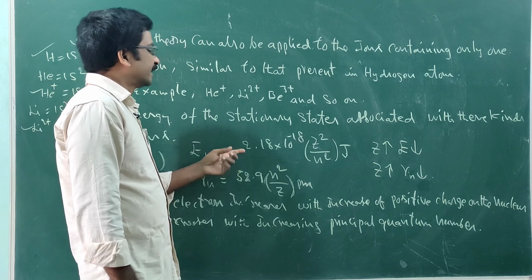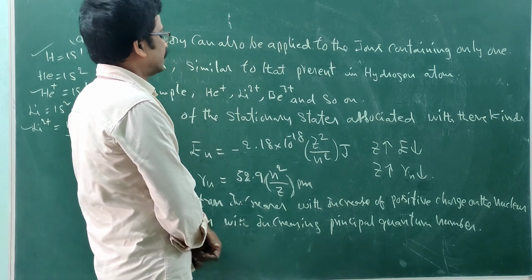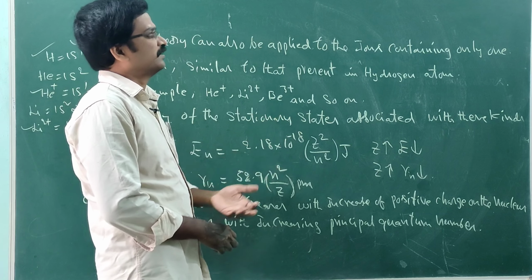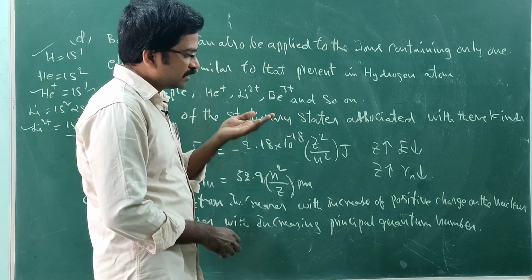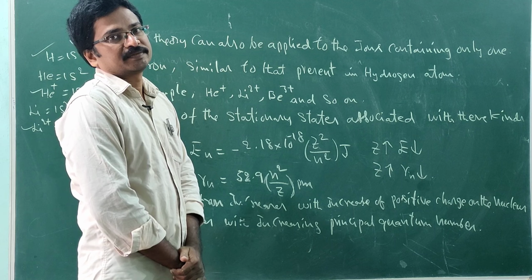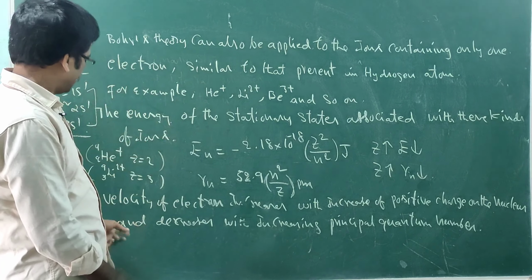Because there is a negative sign, Z increases and energy decreases; Z increases and radius decreases. These two points we can understand from point D.